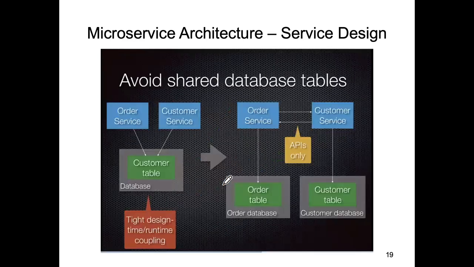Another aspect of this coupling is that you should try and avoid having two or more services using the same database, because the database then becomes the bottleneck, and it almost becomes a facilitator of communication between your two services. Now, when I showed you the microservices architecture initially, I said each service has its own personal database.